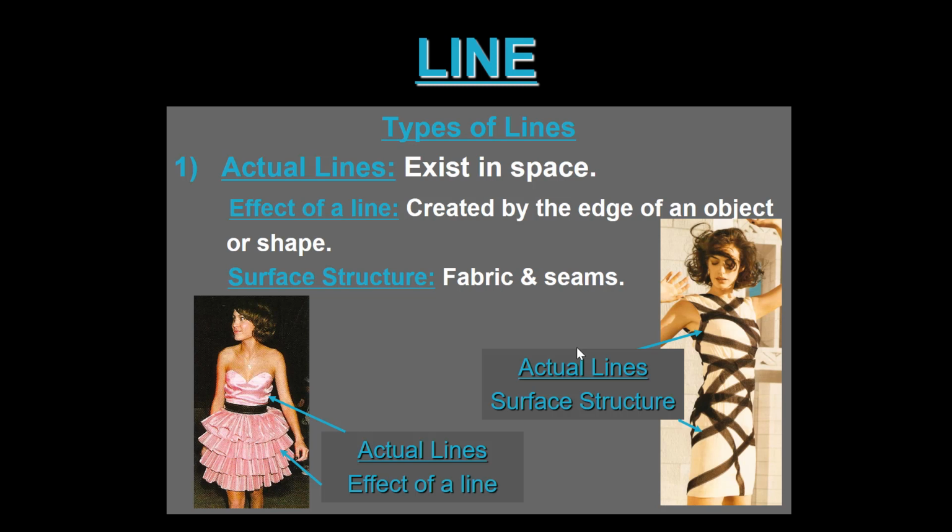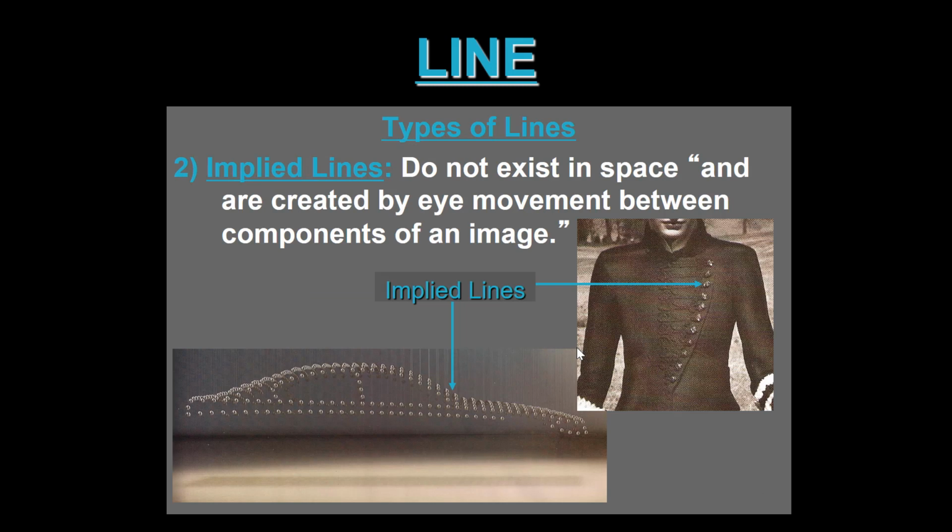On the surface structure of the other garment in the presentation, you can see those harsh black lines. They're solid, they're completely connected, and they lay within the boundary of the garment, on the surface. So those lines you could see very, very clearly, making them actual lines.